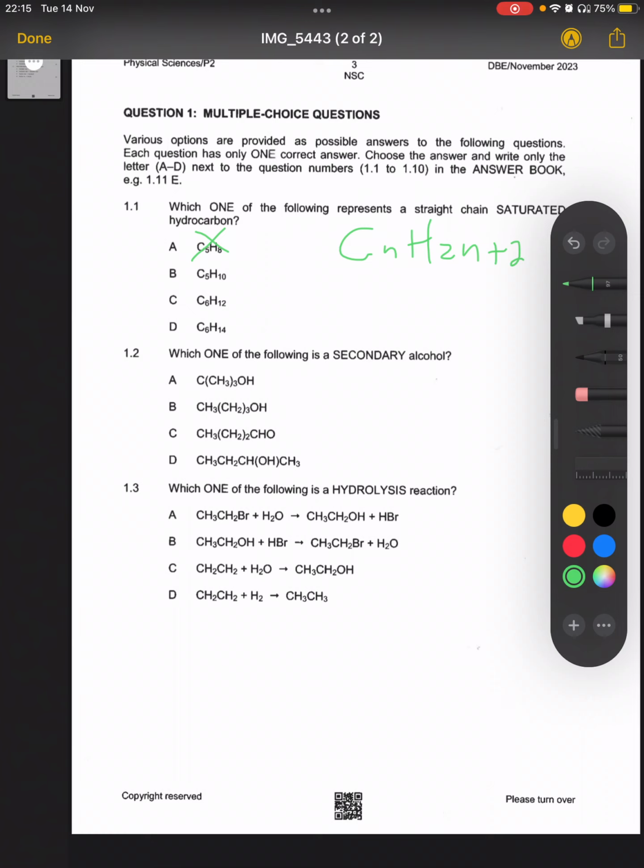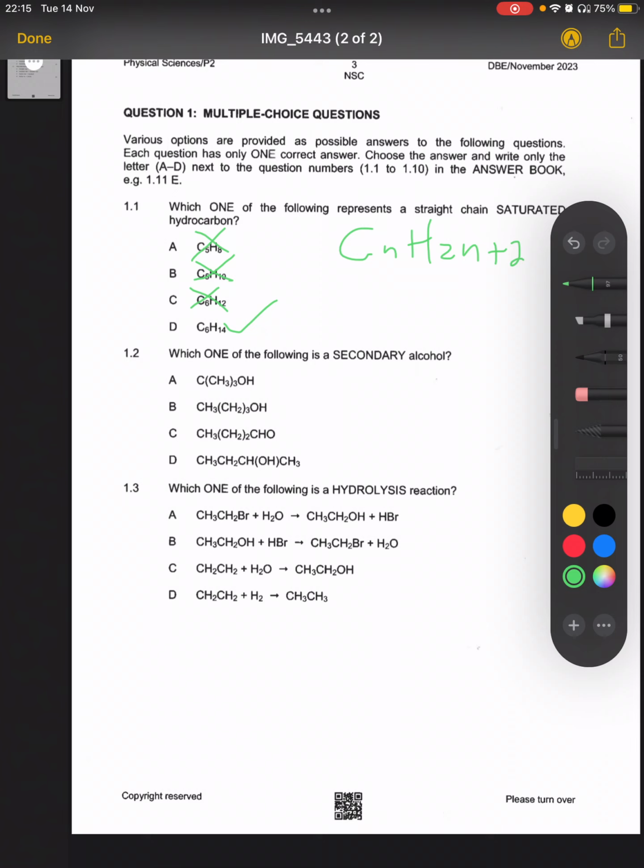And the same with B: C5, 5 times 2 plus 2, that will be 12. Still not correct. Then if it's a C6, 2 times 6 is 12 plus 2 is 14. That gives C incorrect. And therefore the correct answer would be D.